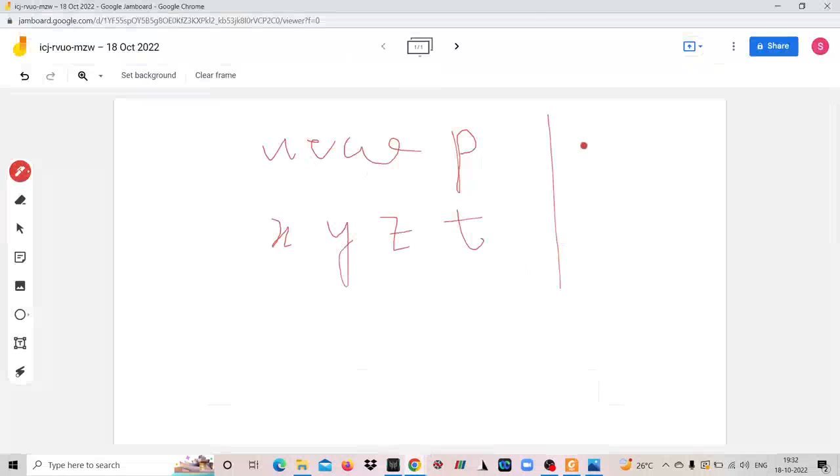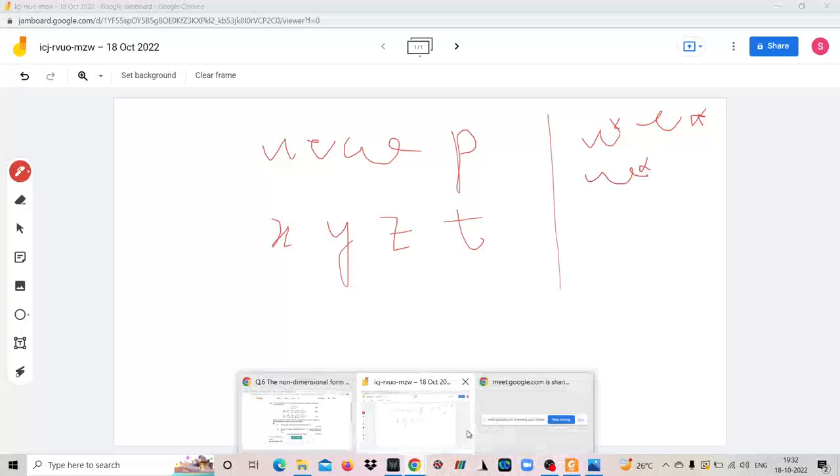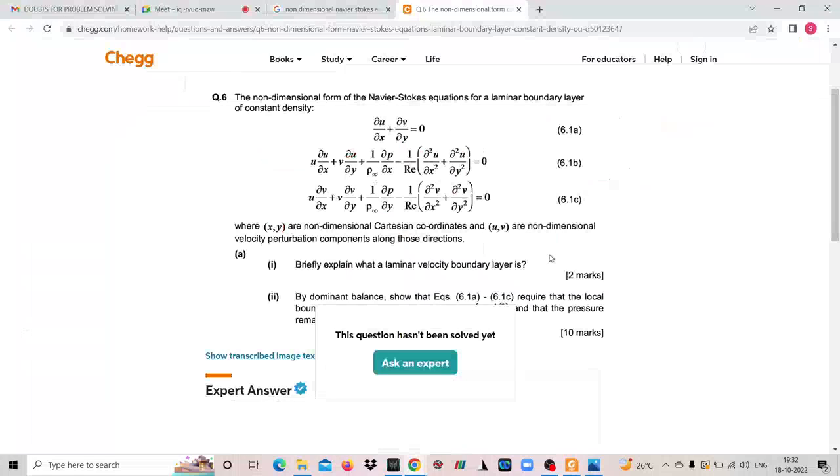Say the non-dimensional forms of these are U star, V star. You understood now? If that is the case, you look at this equation. These are all non-dimensional parameters. Which parameter is of only physical significance here? The parameter that is of only significance is the Reynolds number.